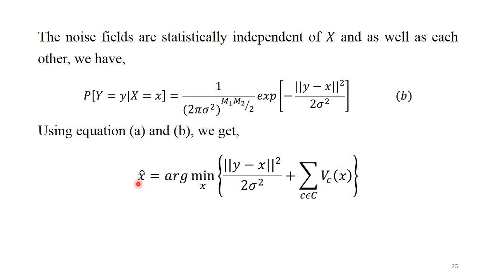That means x cap, the reconstructed image, is the argument minimizing x. We need to identify that the minus sign is there. In order to remove this minus sign we converted from maximization to minimization: y minus x squared divided by 2 sigma squared, the noise variance, plus the clique potential value.